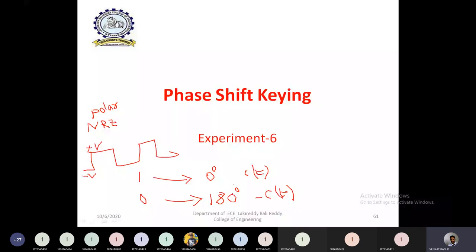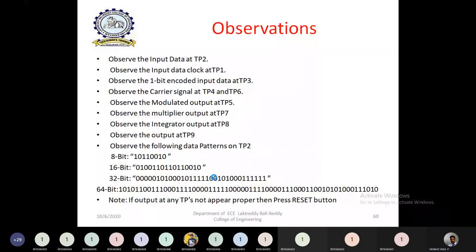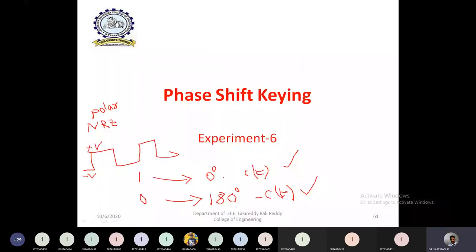So there will be two different phase changes we can clearly observe at the output of the phase shift keying modulated signal. Our experiment is to observe the PSK modulated signal and identify the two different phases that are coming at the output.